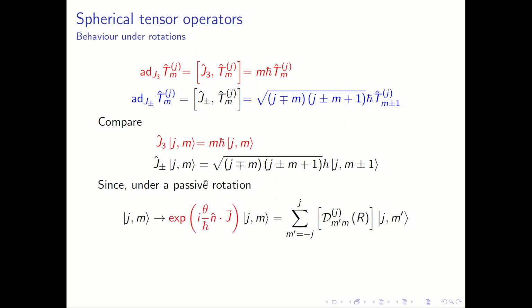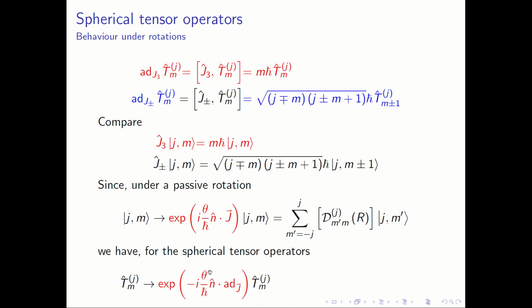So, just like under a passive rotation, |j,m⟩ becomes d^j_{m′m}(R)|j,m′⟩, what happens to operators? What happens to the T^j_m operators in particular? Well, this is the operator which goes and acts on T^j_m. This, remember, is what we have been calling a super operator, an operator which acts on operators to produce new operators. But just to point out, ad J3, ad J± acts on T^j_m exactly the same way as J3, J± do.